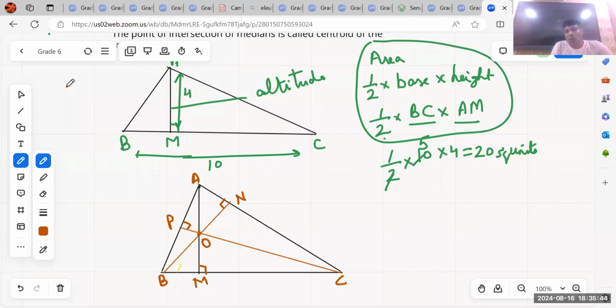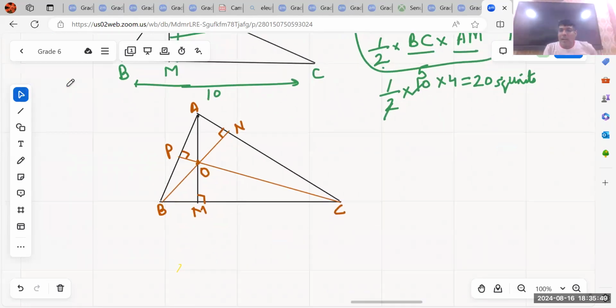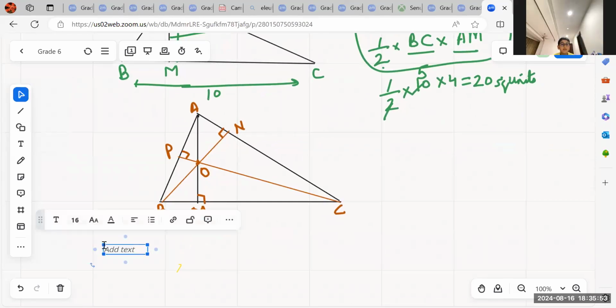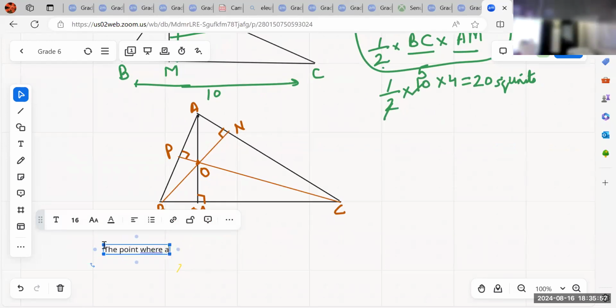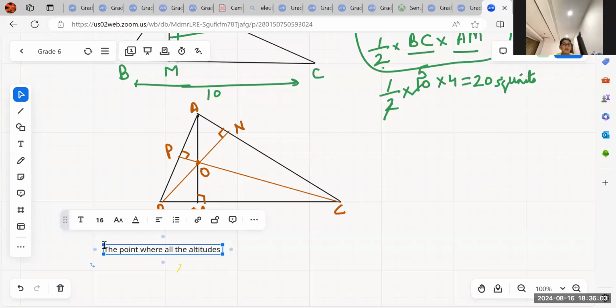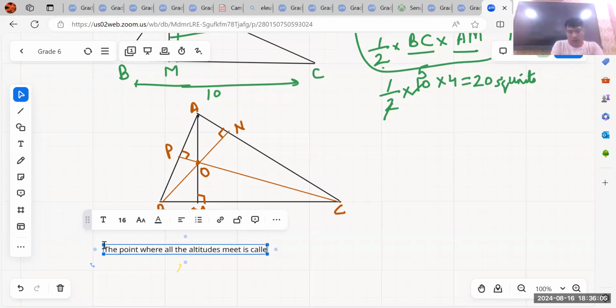So now, guys, O is a point where all the altitudes meet. Now again, it has a special name.